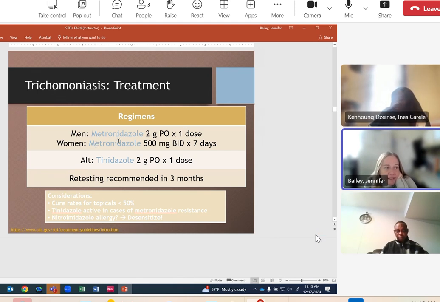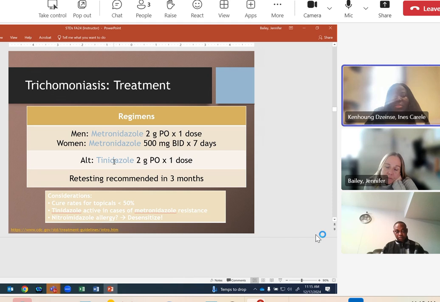The drug of choice is metronidazole or Flagyl, but the regimen is different depending on whether the patient is male or female. They used to be the same, but women had higher treatment failure, so now they require 7 days of treatment. Tinidazole is another option.